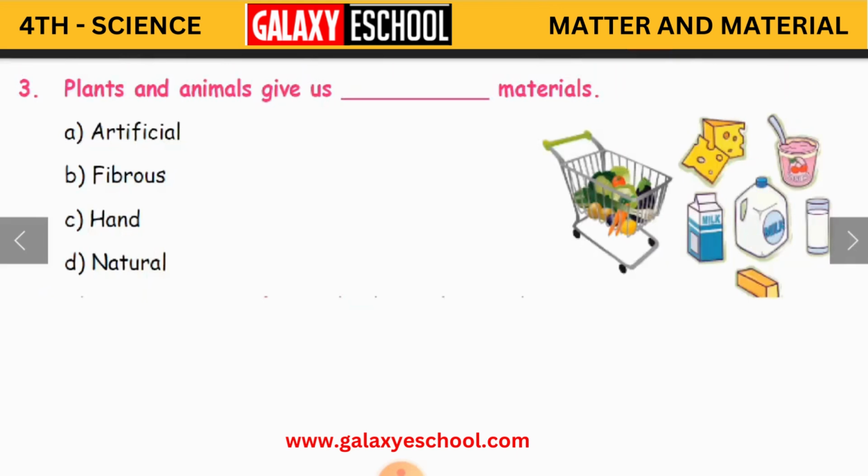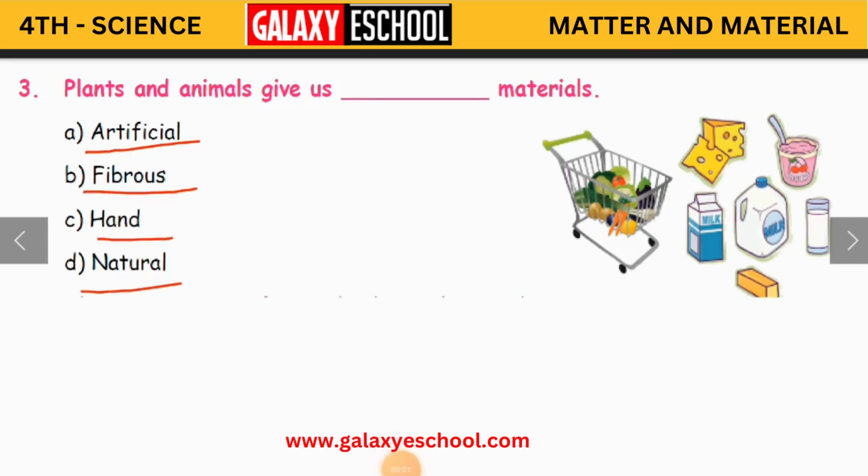Okay. Now, the third one is, plants and animals give us dash materials. What type of materials? They are artificial, fibrous, hand or natural.